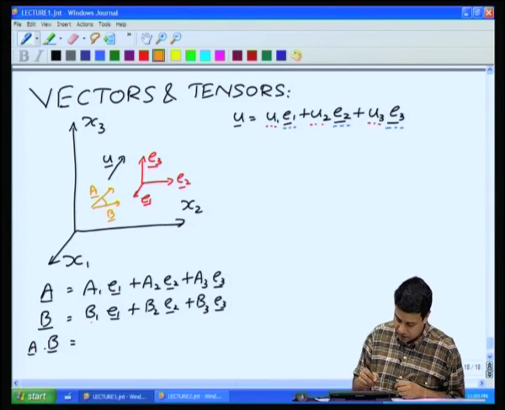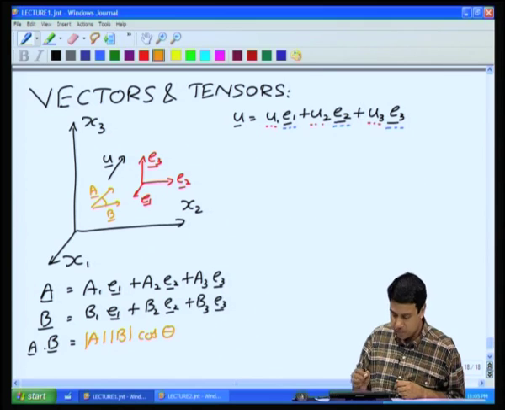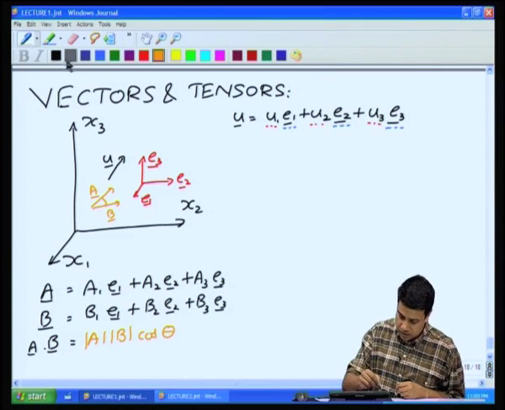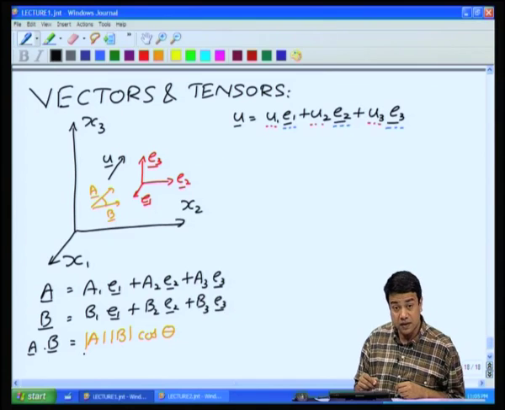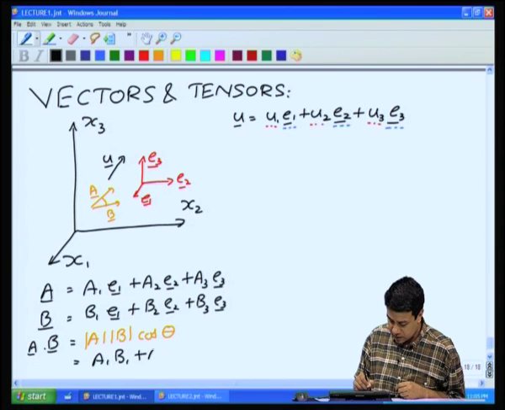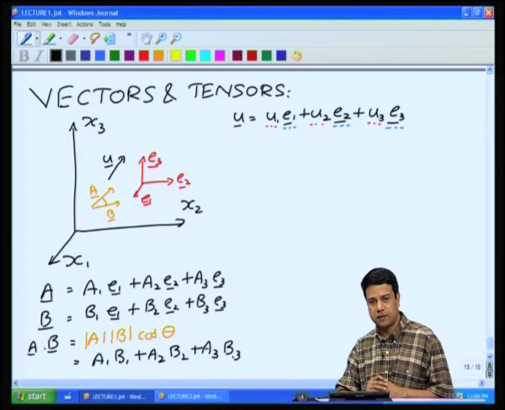It is written as the modulus of a, the modulus of b times cos of the angle between them. For the present course, we will write this just in terms of the components, a1 b1 plus a2 b2 plus a3 b3.